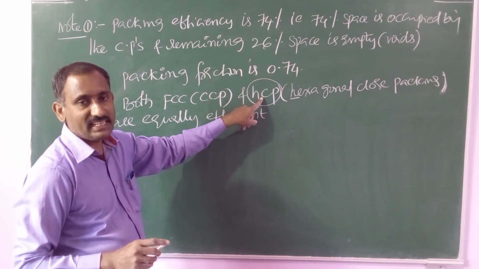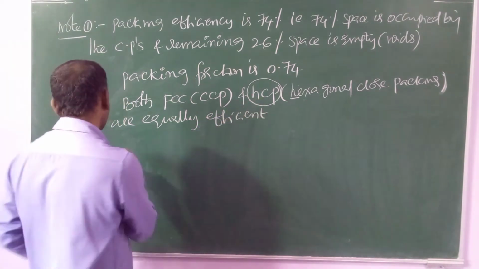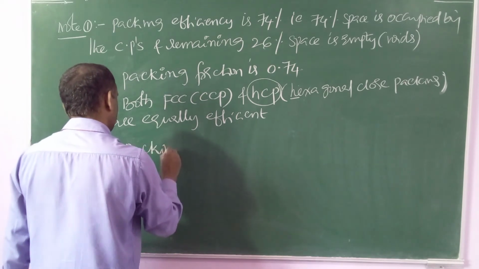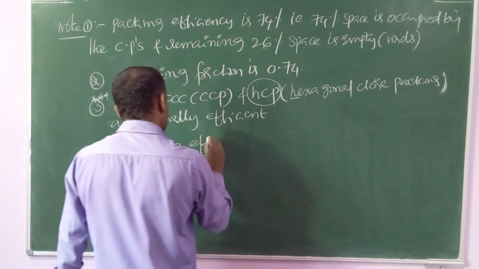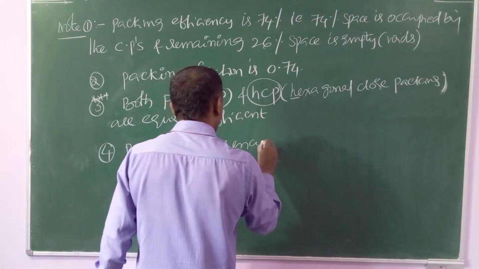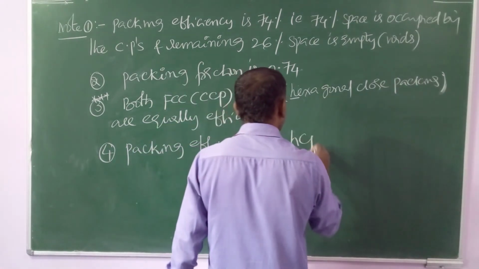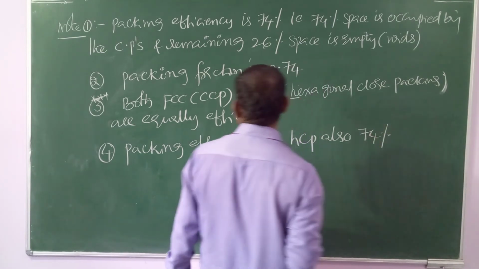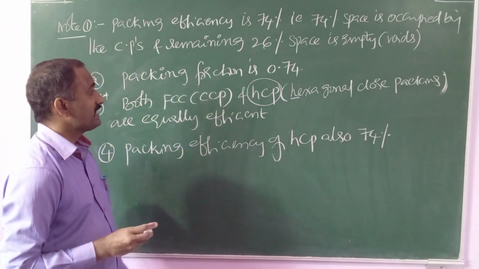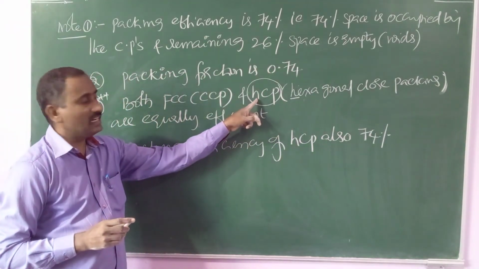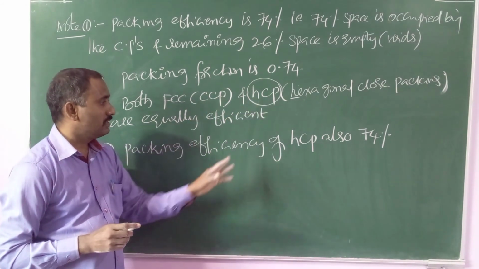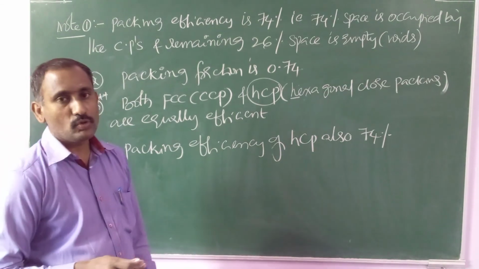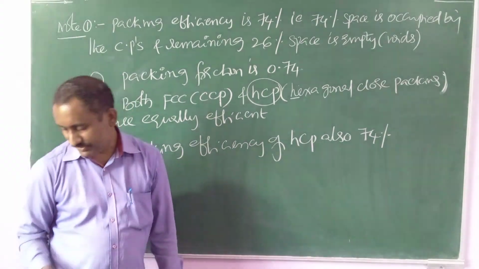Therefore, packing efficiency of HCP is also 74 percentage. FCC and HCP are equally efficient. HCP packing efficiency is not in our syllabus, it will come in higher standard. FCC 74, HCP also 74. So this is about packing efficiency of FCC.